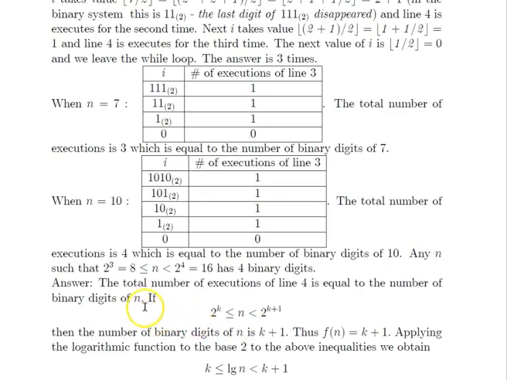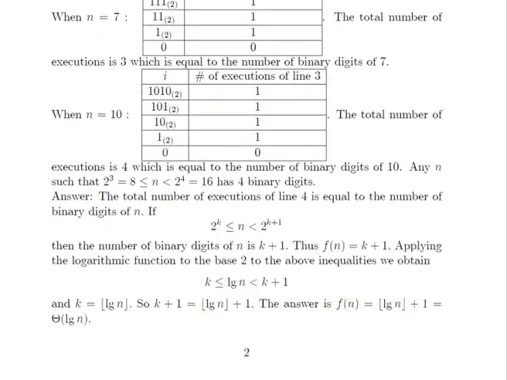In general, if n is greater than or equal to 2 to the k and strictly less than 2 to the k plus 1, then the number of binary digits in n is k plus 1. That is, f of n is k plus 1.